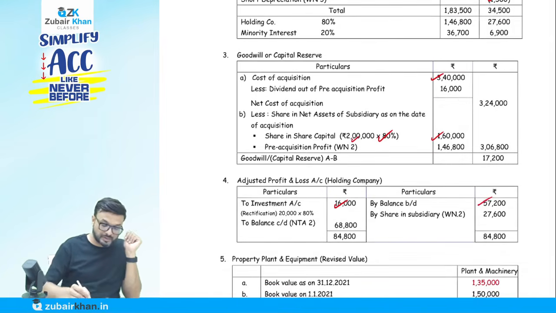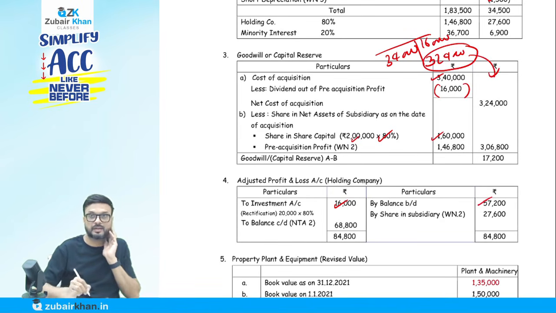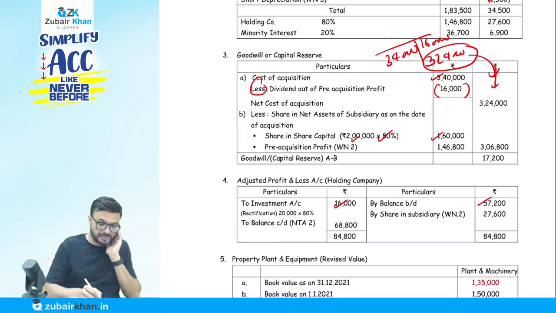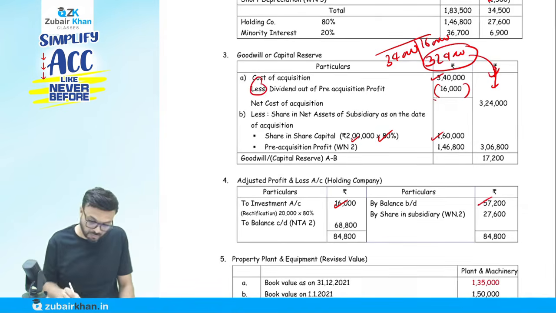In working note number 3, reduce the cost of investment. The investment was 3,40,000 opening; credit 16,000 and it becomes 3,24,000. That is the effect of the dividend out of pre-acquisition profit.